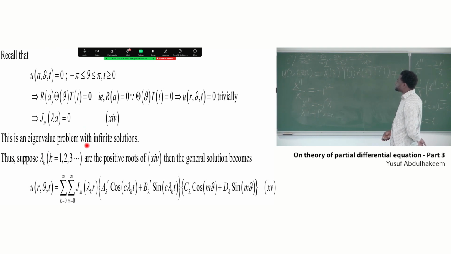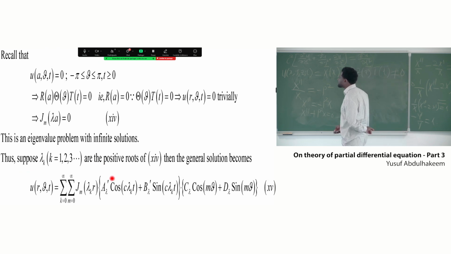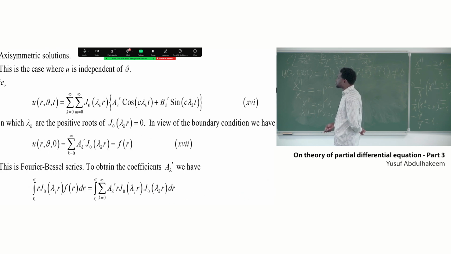So this is an eigenvalue problem with infinite solutions. So supposing this lambda k are the positive roots of this equation, equation 14, then the general solution becomes what we have here in equation 15. That's the general solution.